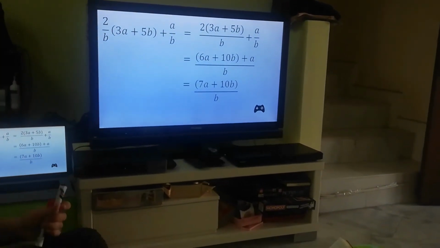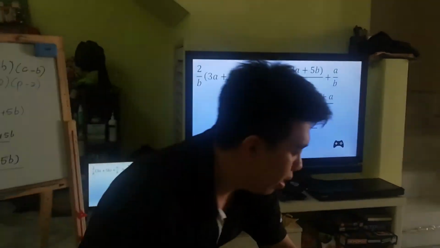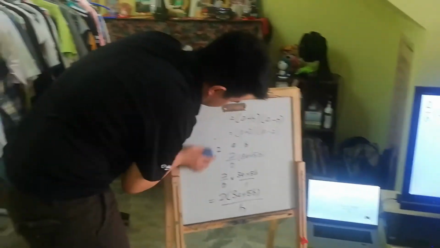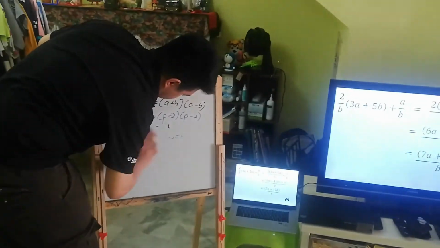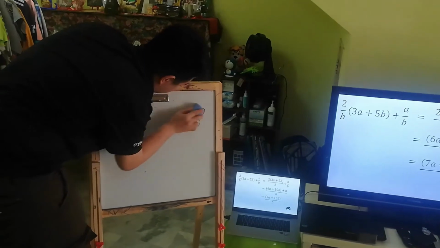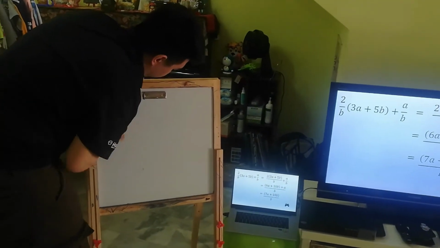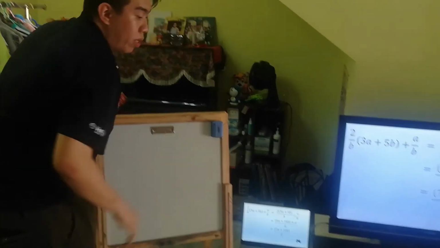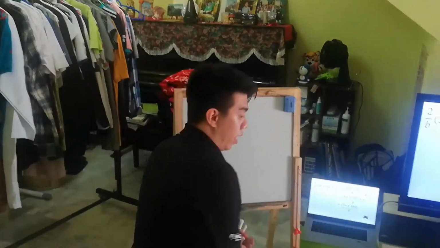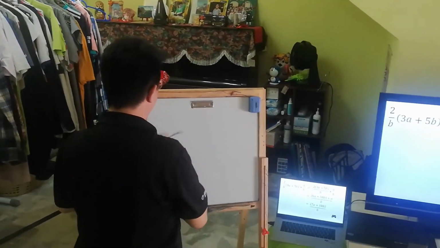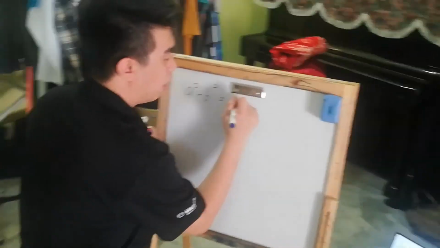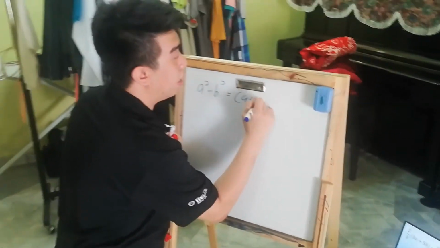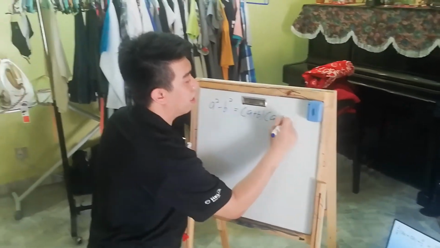See. So before we proceed, let's do a recap. To make it easier, when you see two terms in a squared minus b squared, we get a plus b, and we get a minus b.